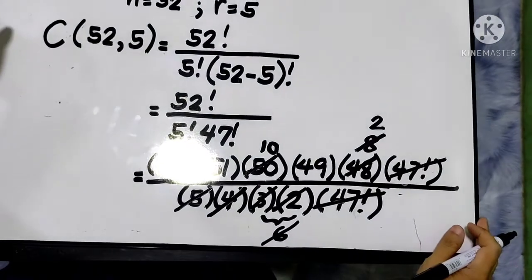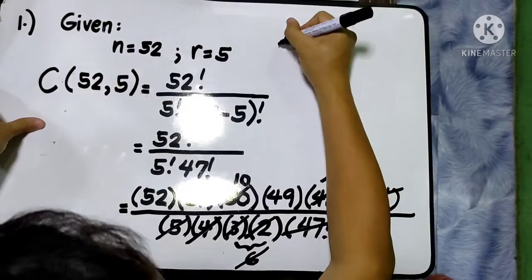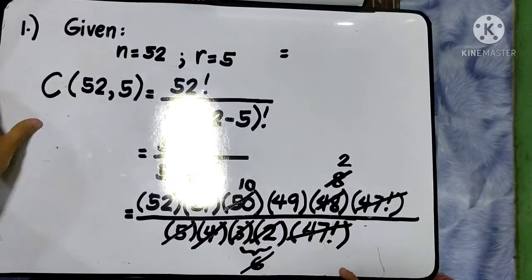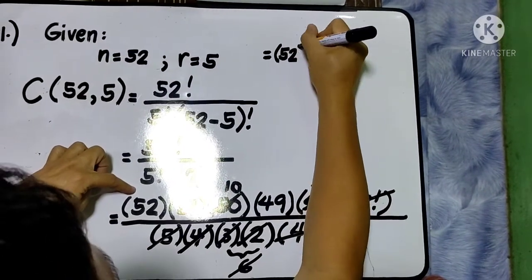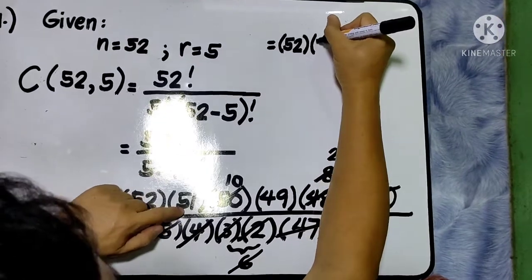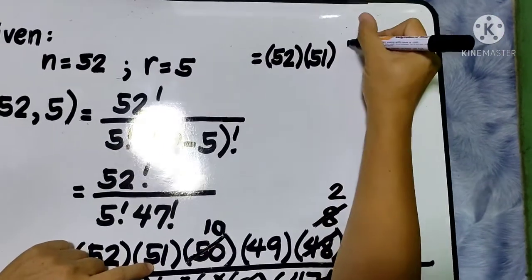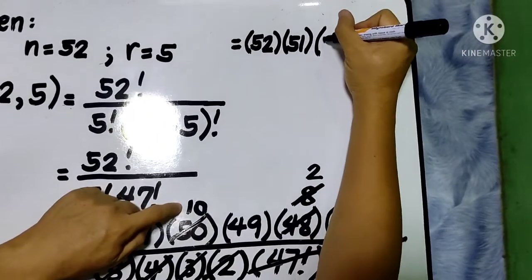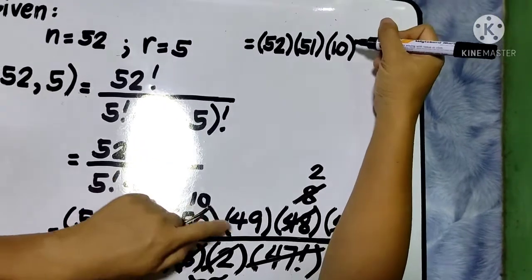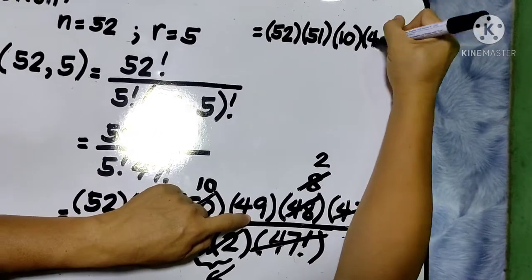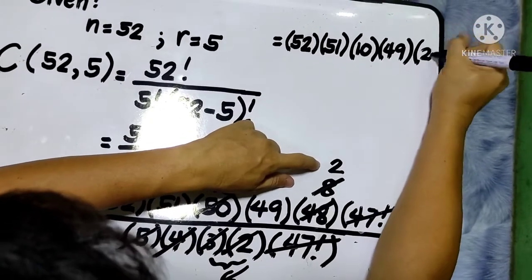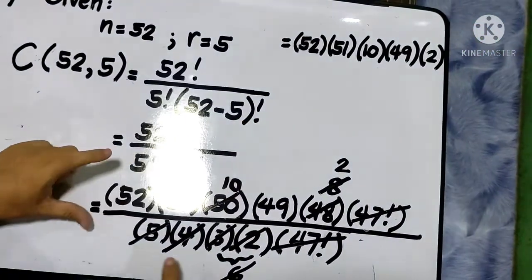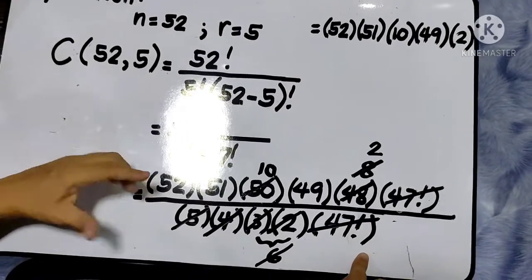So, let us write here the remaining factors. You will have 52 times 51 times 10 times 49 times 2. May natitira pa ba sa denominator? Wala.